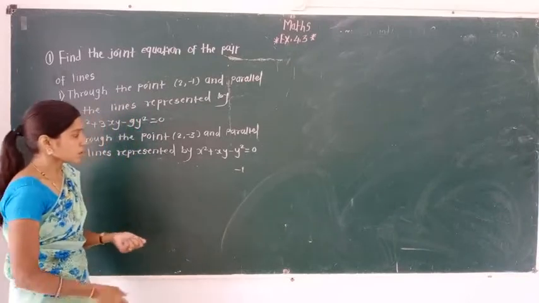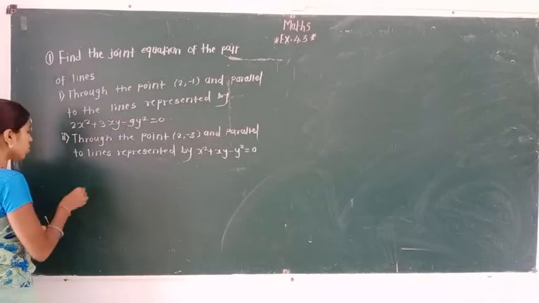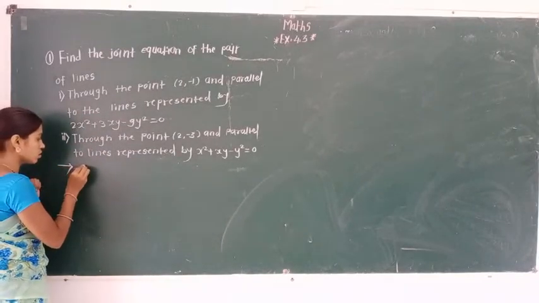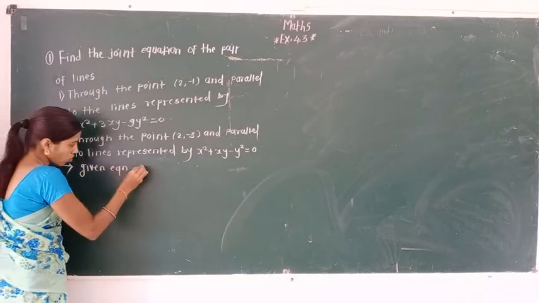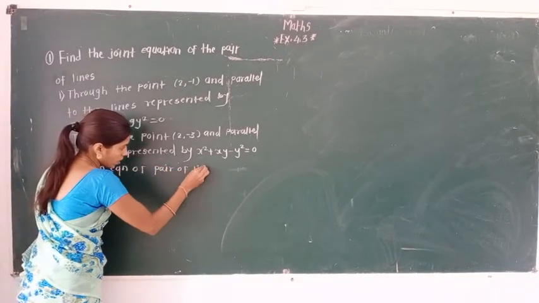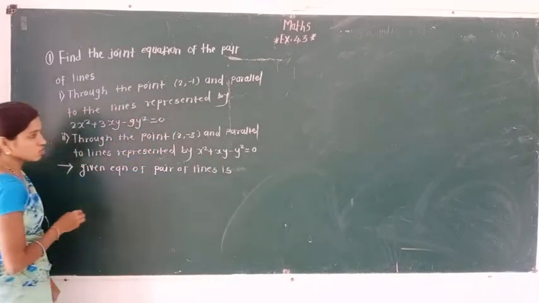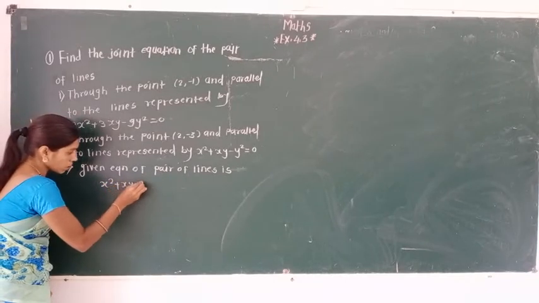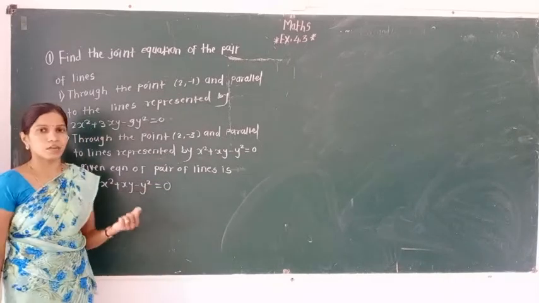Now see the different method for solving this question. First of all, here we can write the given equation of pair of lines. The given equation is x square plus xy minus y square is equal to 0, and we know that this is the combined equation of two lines.